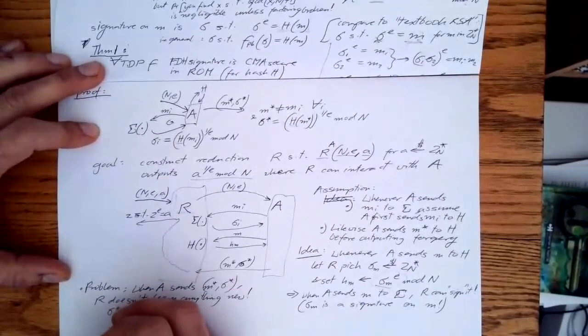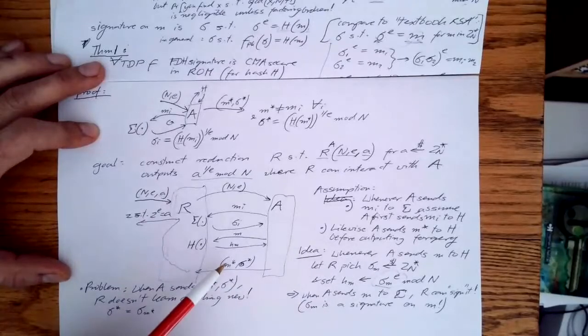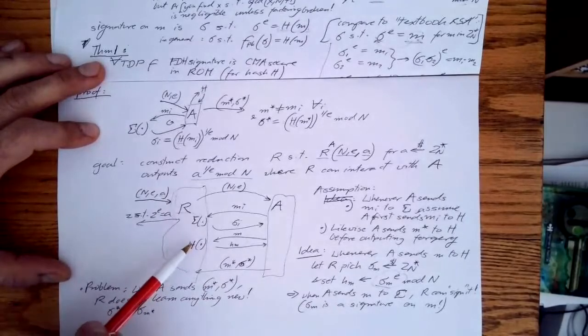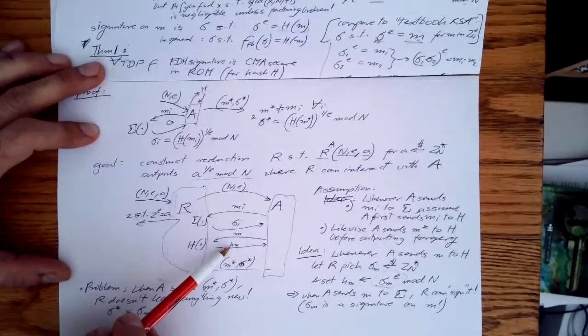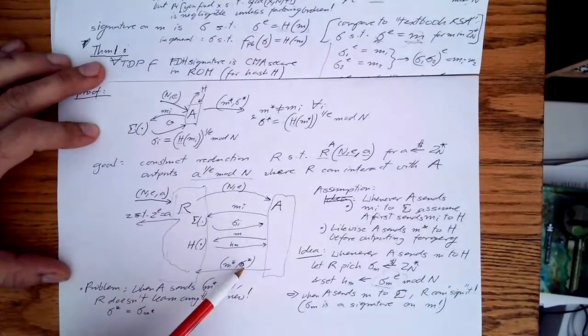Because sigma star is just sigma of M star. If everything is hashed using this method, then in particular, so is M star. So the reduction knows the pre-image of HM star in this trapdoor permutation. So this pre-image that the adversary creates is nothing new.